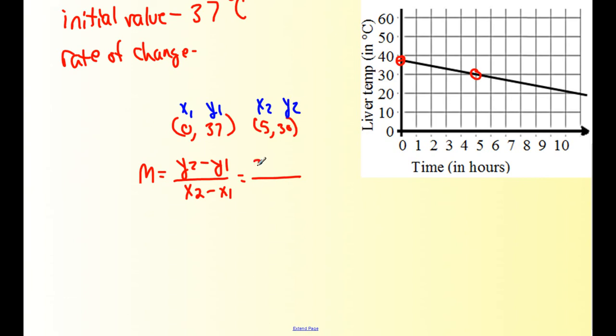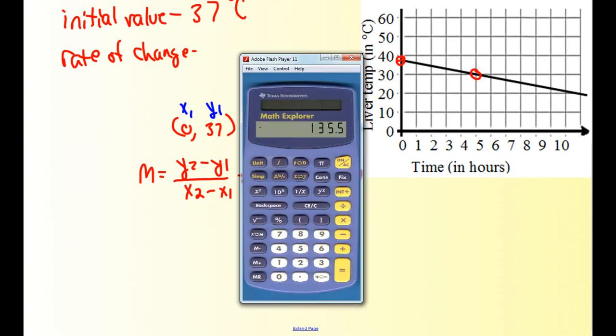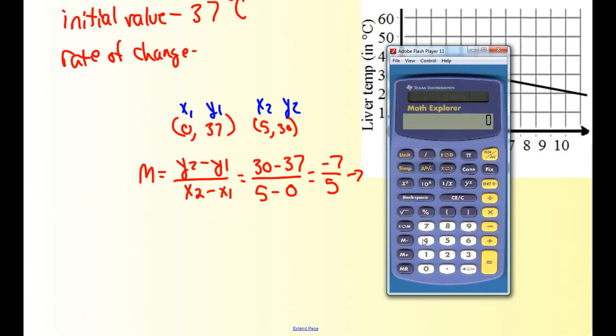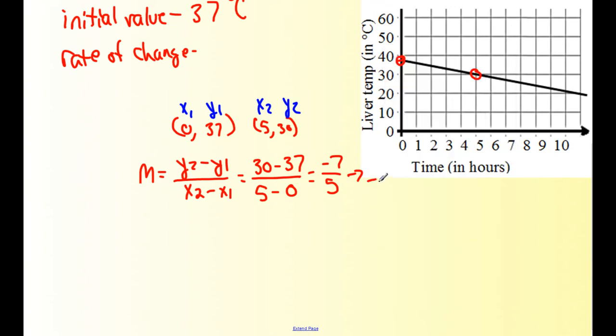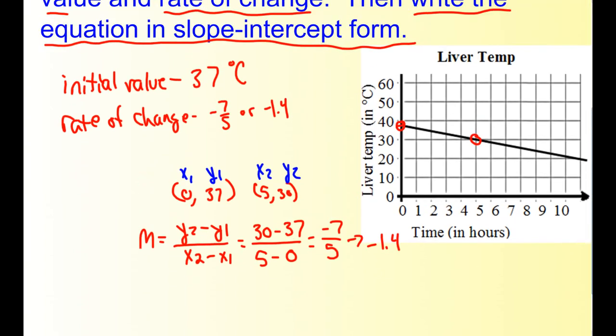So y2 minus y1 over x2 minus x1 gives us negative 7 over 5, which, usually with rate of change and slope, you leave as a fraction, but let's just quickly see here. Negative 7 divided by 5 equals negative 1.4, just because I think the decimal will make more sense here in a second.